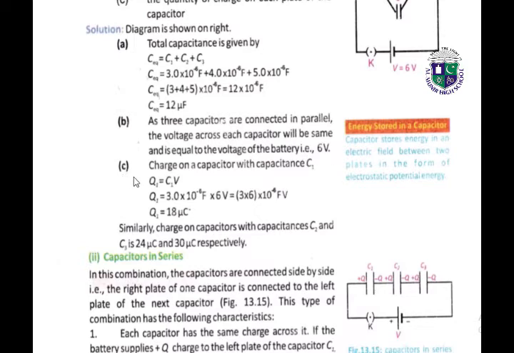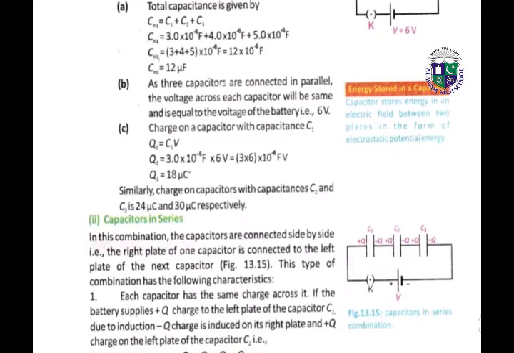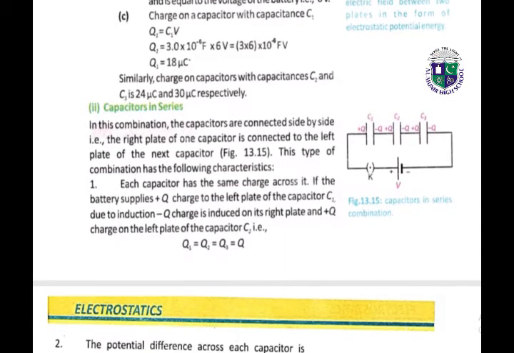Part C, the charge on the capacitor with capacitance C1: Q1 is equal to C1V. By putting the values, we will get the charge on it. So in this way we can find the capacitance, the charge on it, and the voltage across these plates.